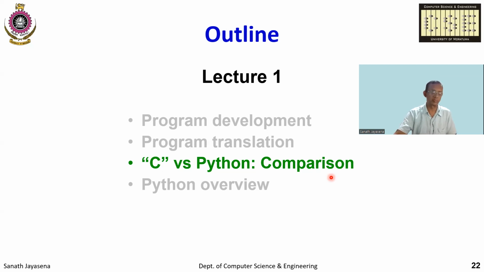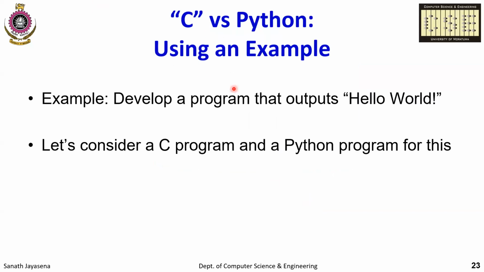Although we are going to use just Python, it's good to have some knowledge and awareness about another language, and what the similarities and differences are. So let's proceed. To do this comparison, let's use an example. So what is the example here?